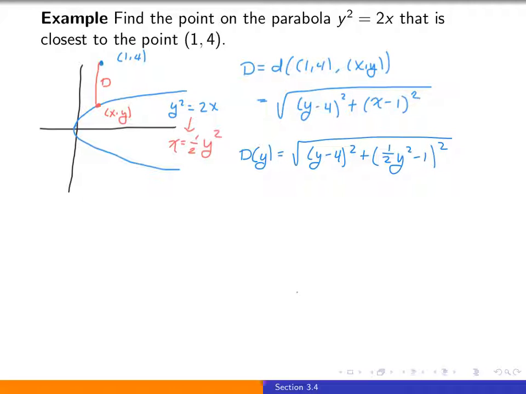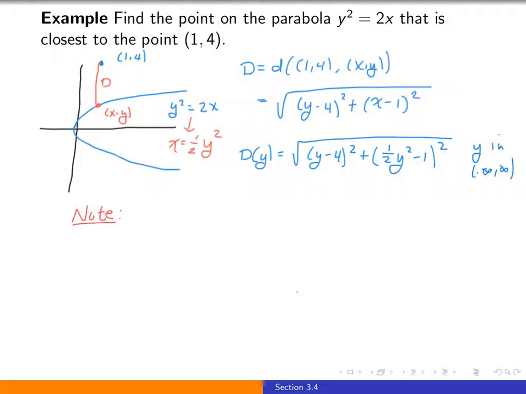And this is the function that we need to maximize, or excuse me, need to minimize. And we ask, what is the interval where y can be? Well, here looking graphically, where can y be and still be a point on the parabola? y can be anything. So y in this case is in the interval from negative infinity to infinity. And here is where we are going to make a very important observation that simplifies the problem.